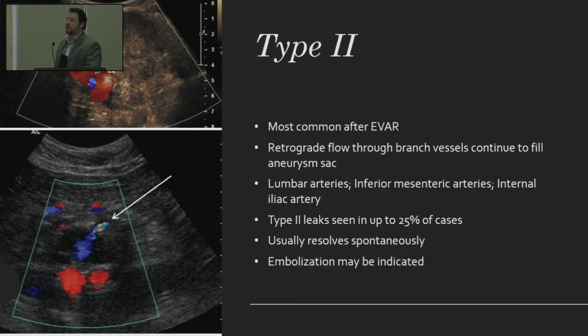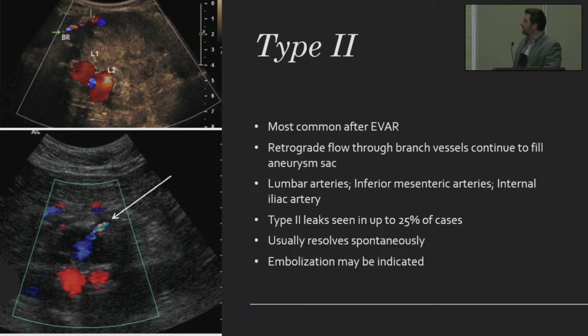Type 2 is the most common. Type 2 is when another artery comes into the sac from the outside. So the graft isn't actually leaking here, but there is something that's coming in that's putting a little bit of pressure on the aneurysm, and so it's something that we watch.